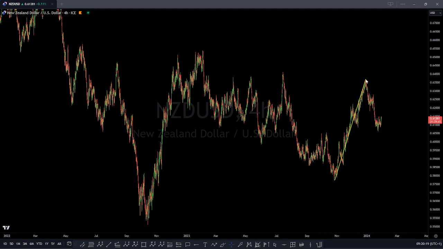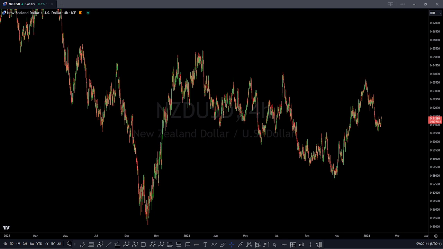This being your wave one of your wave C, you will even see that internally it is made up of a five-wave move. If you've been following our weekly outlook, I kept saying be careful, this might have just completed the cycle in a five-wave move. If you look at the wave counts, you'll clearly see the five-wave move.